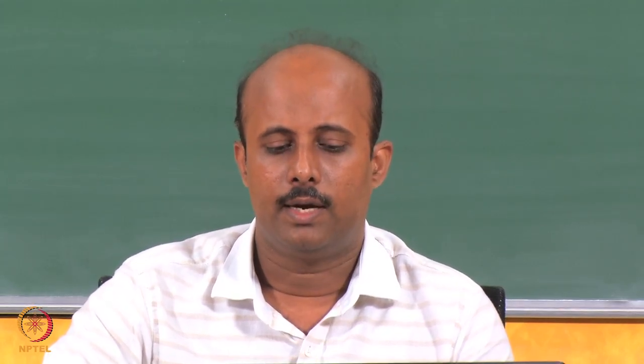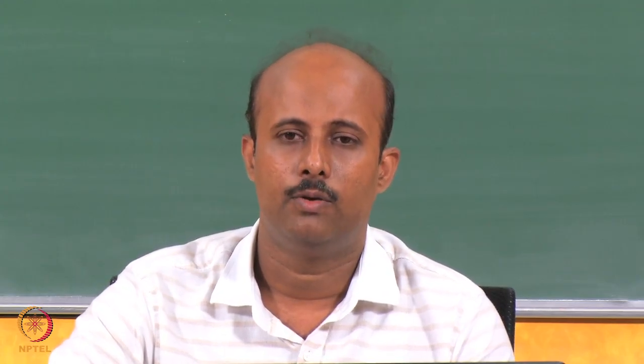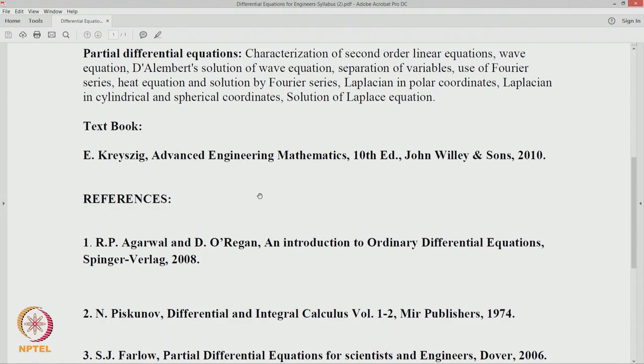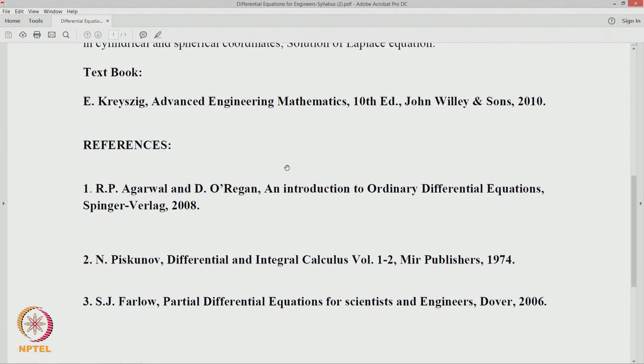The textbook that we follow is basically Kreyszig. I may not follow exactly the contents of Kreyszig, but you may find most of the material in this book. For reference books, you can look into Agarwal and Regan, Introduction to ODE, and Piskunov for part of calculus. Also you can look into any partial differential equations book, for example, Tang. There is a book called Tang, I did not show here.